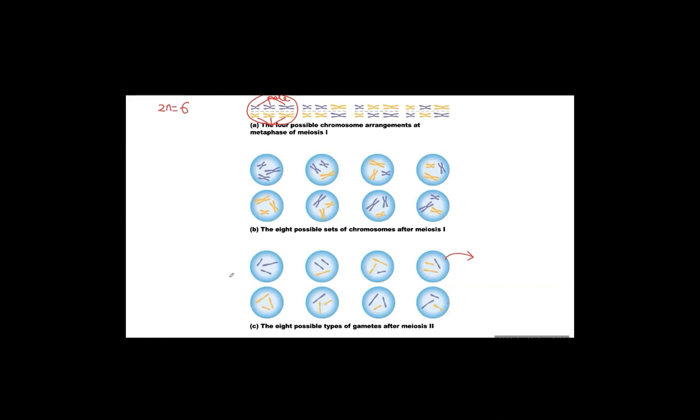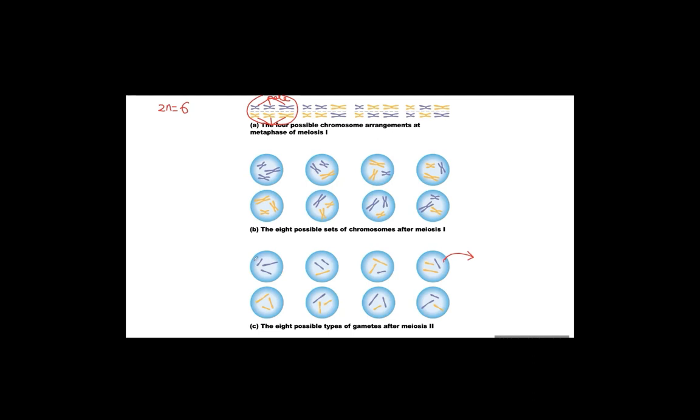Even though you share the same parents, your siblings are different. In some sense, you look like each other, but you have some unique physical appearance. Because in the case of 6 chromosomes, there are 8 different possibilities to become a gamete. You might choose this gamete to form a zygote.